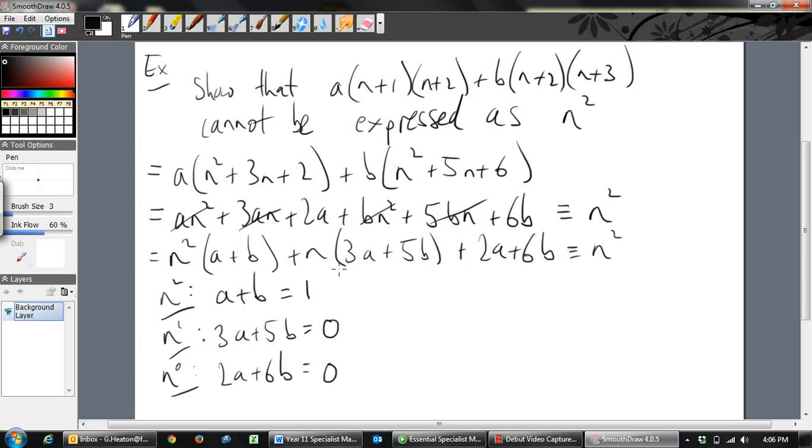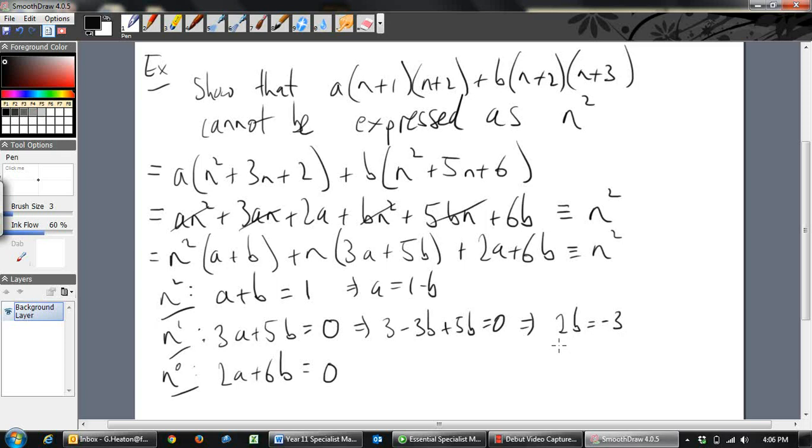Let's just solve this. What's the easiest way to do this? Elimination, or let's just do it like this. So a is equal to 1 minus b. That means you've got 3 times a is 3 minus 3b plus 5b equals 0, which implies 3 plus 2b, so you have 2b equals negative 3. Hopefully I'm right there.